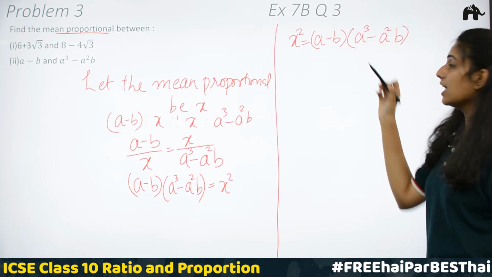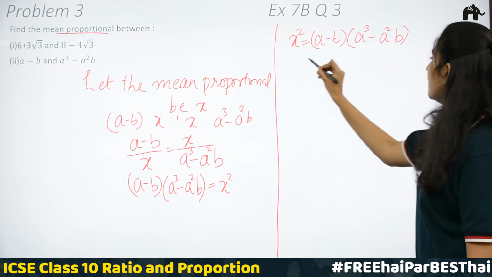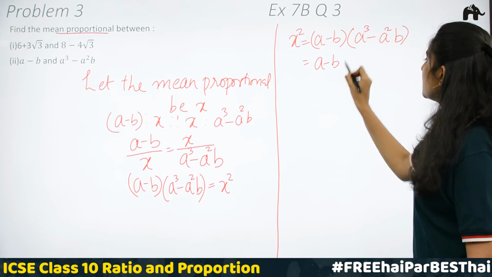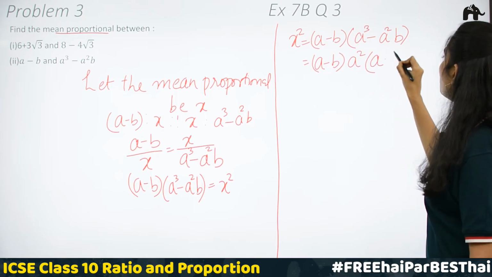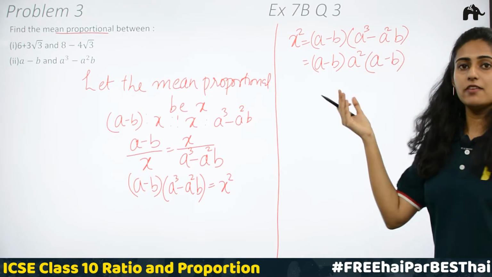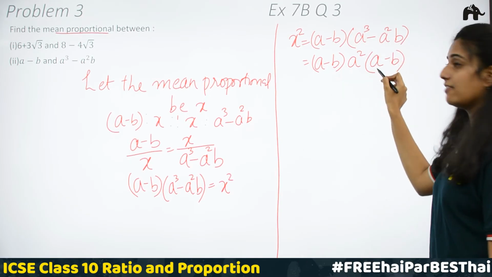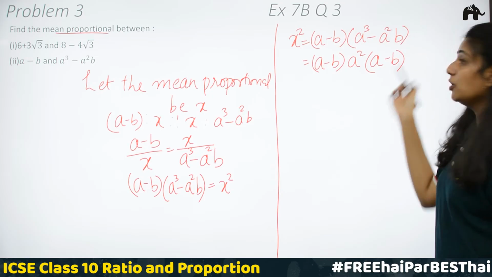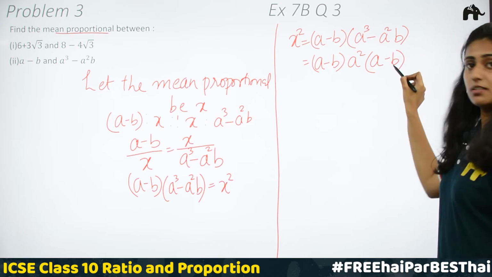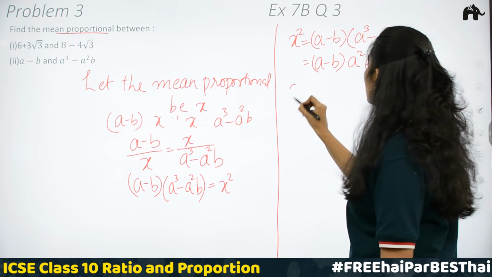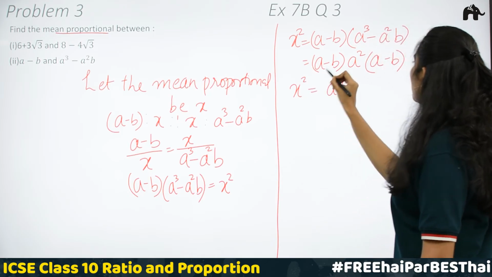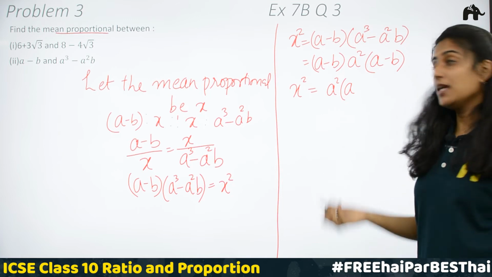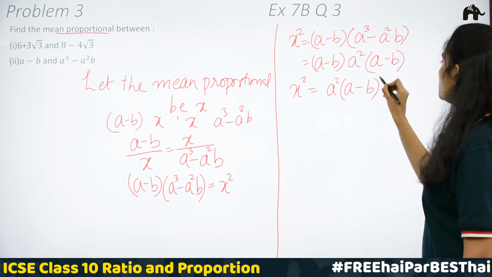Here from this a square can be taken out. That is, a minus b into a square into a minus b. From a cube, when you take a square out, remaining you have a. From a square b, when you take a square out, remaining you have b. That is, x square is equal to a square into a minus b into a minus b, which is a minus b whole square.